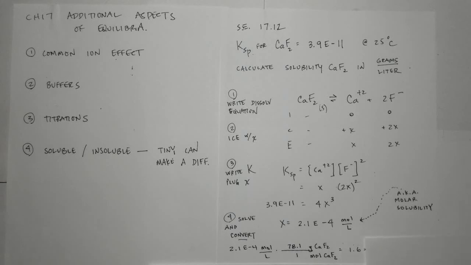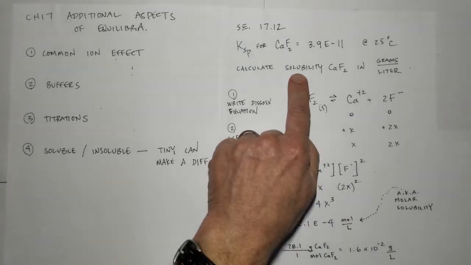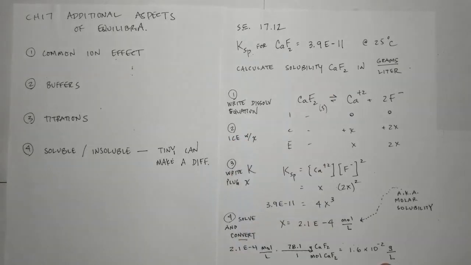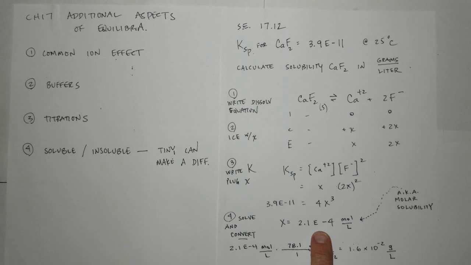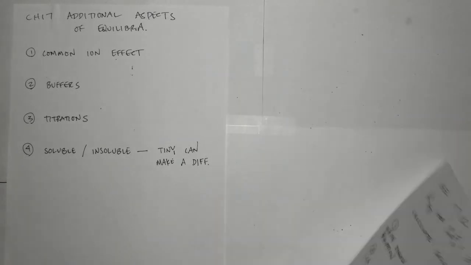And then 2.1 times 10 to the negative 4th times 78 gives me 1.6 times 10 to the negative 2nd grams per liter, which is my solubility of calcium fluoride. My molar solubility, if they asked for that, would have just been right here, and I could have been done, but they asked for the grams per liter solubility.